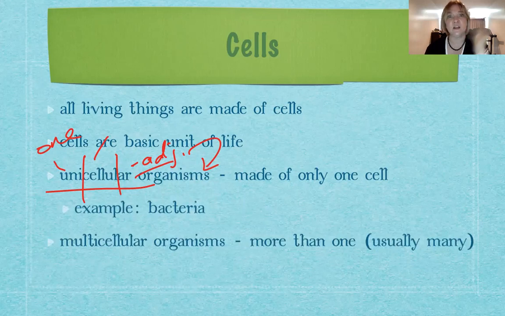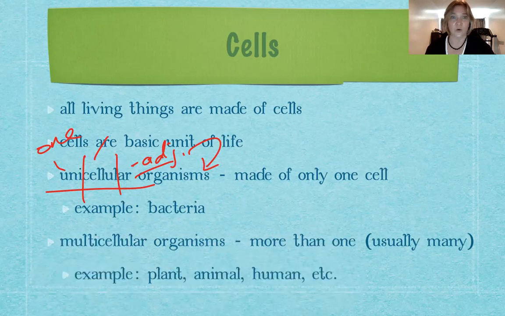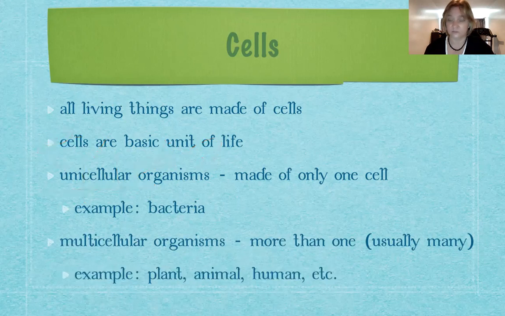Now, if you are not unicellular, you are multicellular, then this is being made of more than one cell. And normally multicellular organisms are made of many, like tens of thousands or millions of cells. I think the human body has about 30 trillion cells. So plant, animal, human, etc. would fall under this category.